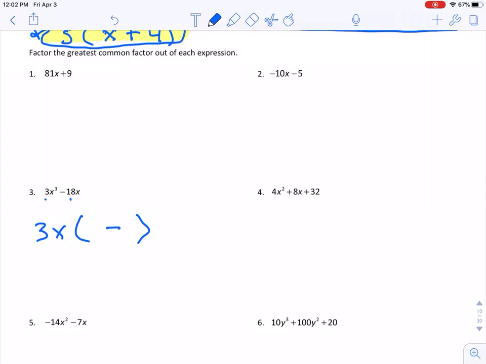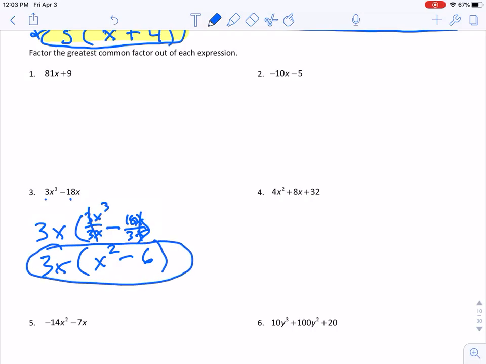And now if you take 3x cubed and you divide it by 3x, and you take the 18x and you divide it by the 3x, that should give you your answer. And so that's going to be x squared, because the 3's cancel, minus 18 divided by 3 is 6. And now here the x's cancel. And so that would be your answer for number 3.